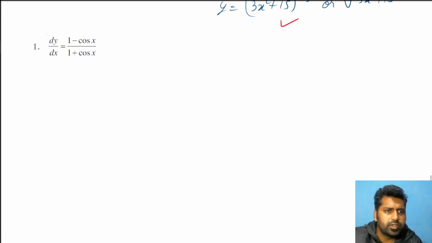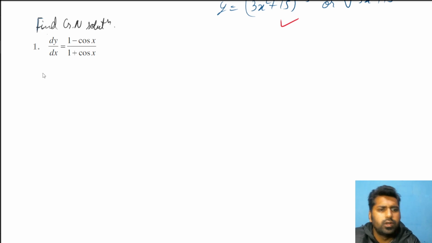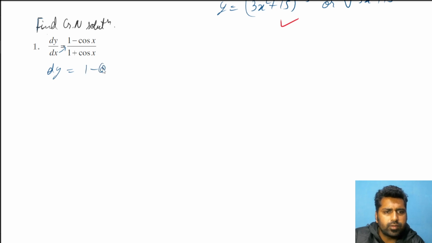You have to find the general solution. So let's separate. dy is, take this dx on the other side, and we have separated y and x. 1 minus cos x over 1 plus cos x dx.